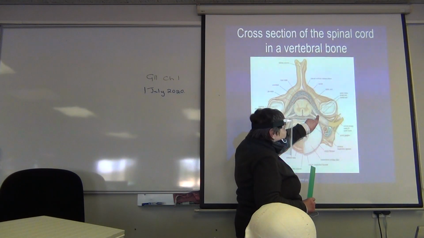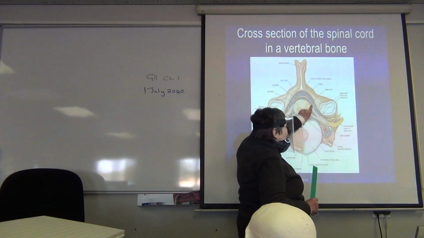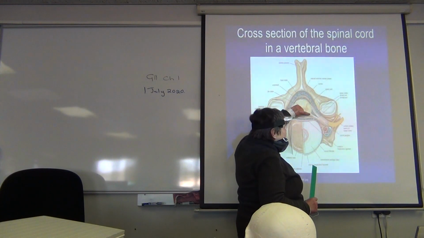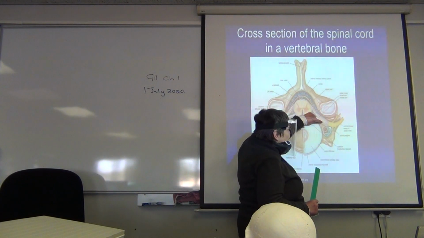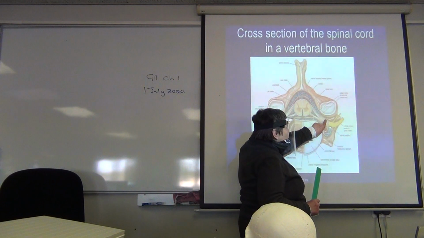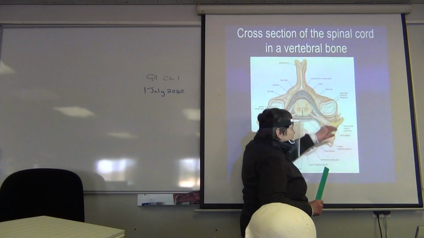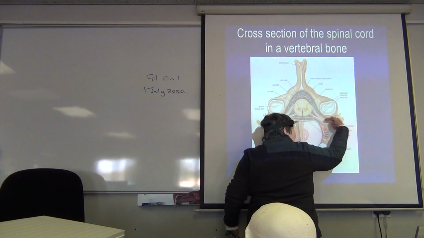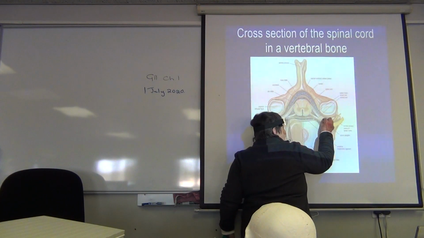So this side is all the sensory neurons only transmitting impulses there. And this branch is all the multipolar motor neurons transmitting impulses away from the spinal cord. So this is a double-lane road. It's got impulses going this way and impulses going that way.